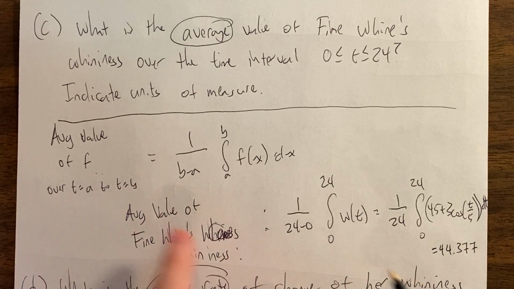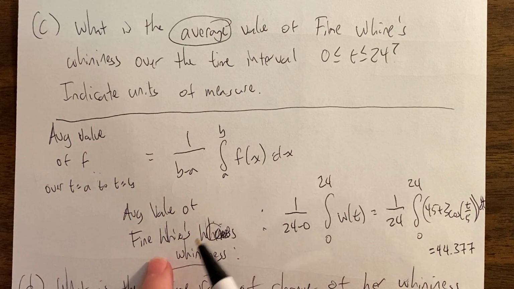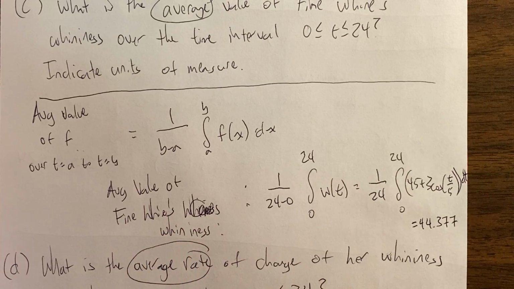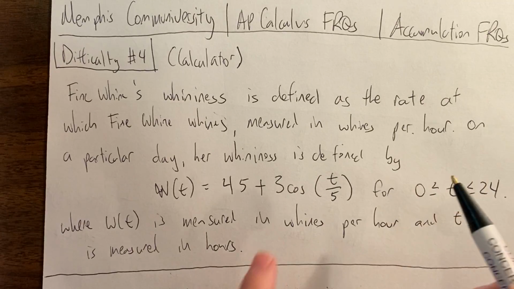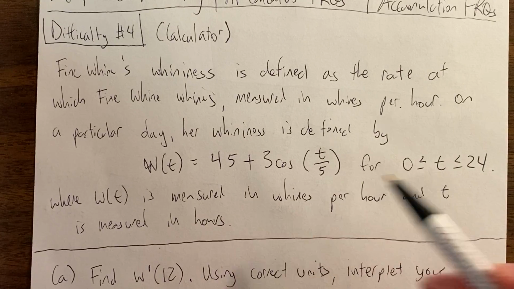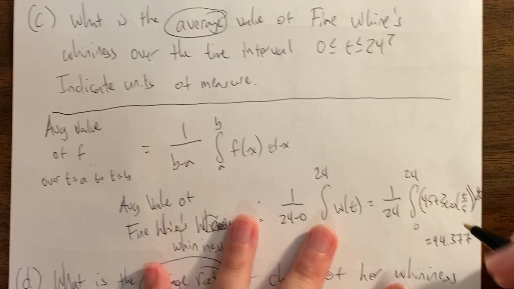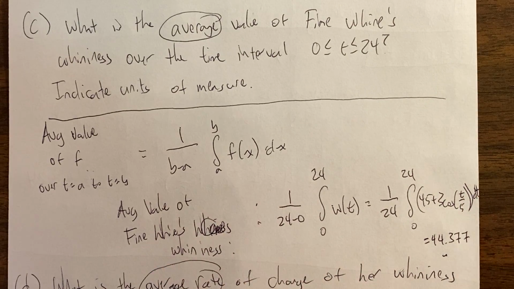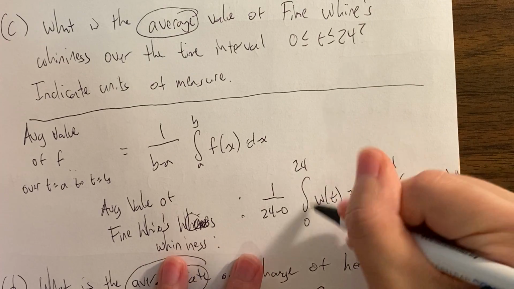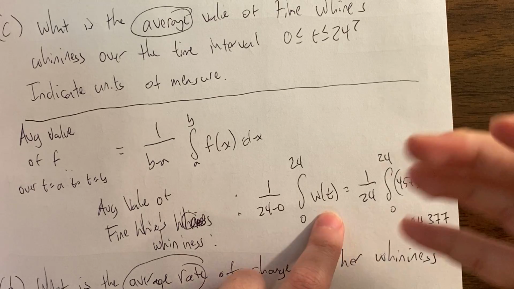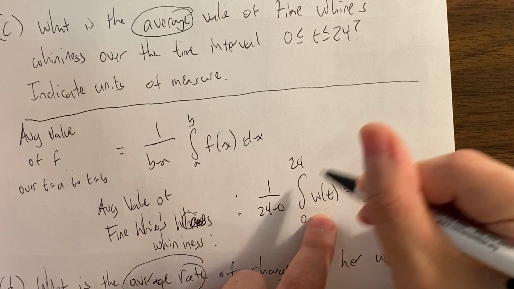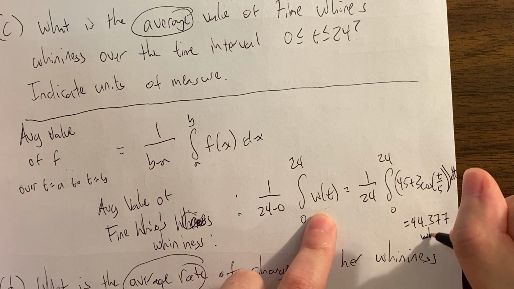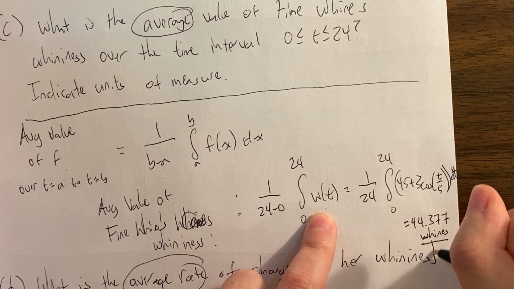So in this case, we are going to find the average value of fine wine's wineliness. This is still a wineliness level, and wineliness levels are defined as wines per hour. So in this case, our units are going to be the same units as the given. It's always the same units as this, because this average is an example of this. So it's going to be wines per hour.